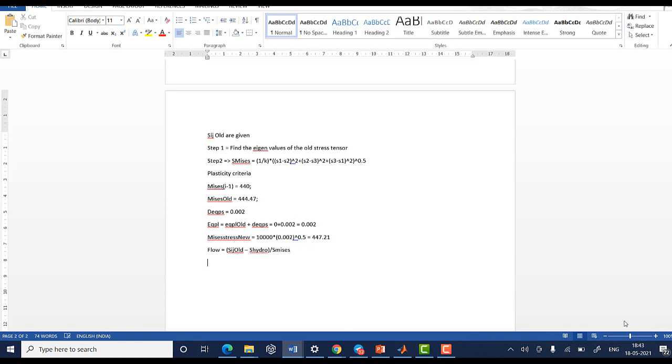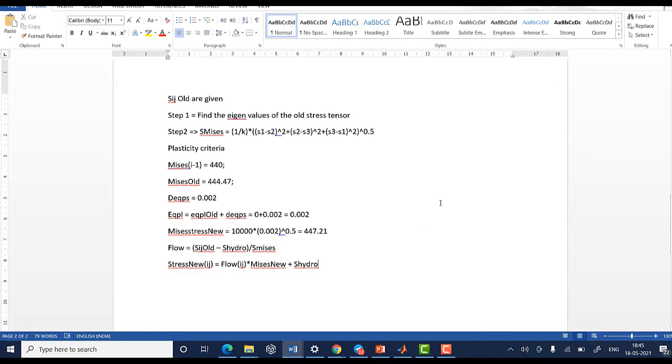This defines the slope, and the new stress will be flow into dEQPS plus, equal to flow into S yield, so Mises new, plus S hydro. This will be my new stress, Ij, and flow is also an Ij value because it is calculated for each stress. Mises new is a single scalar value, and S hydrostatic is also a scalar value, just the mean stress. So this is how my new stresses will come up.